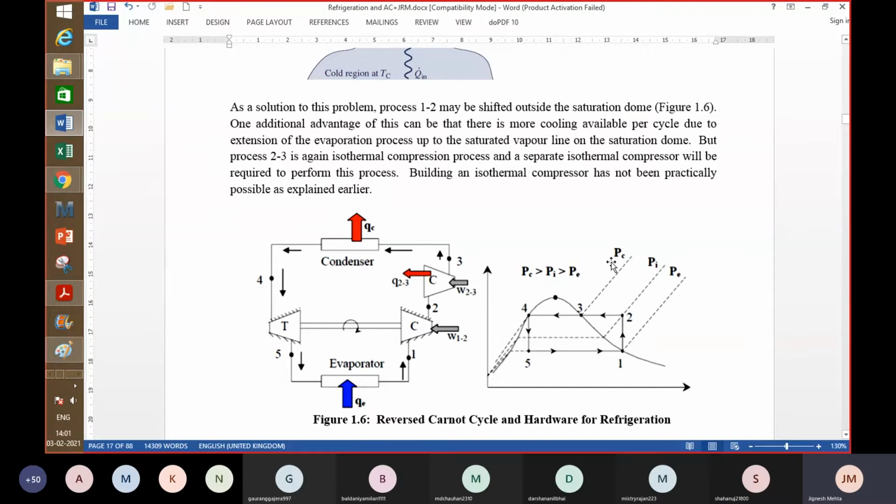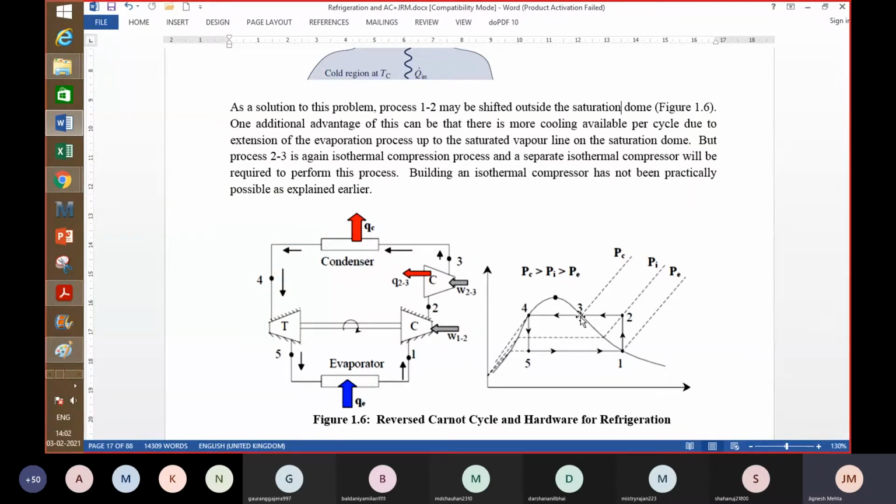Now what you find is that this process 2-3 is an isothermal process, and pressure is increasing, so specific volume must be decreasing, but you have shifted to a higher pressure line. It means that 2-3 is also a compression process and it is actually an isothermal compression process.